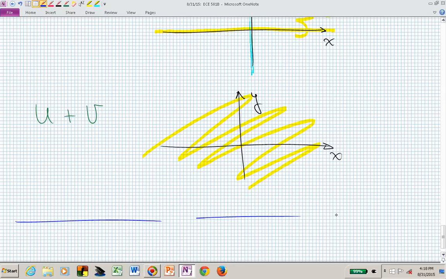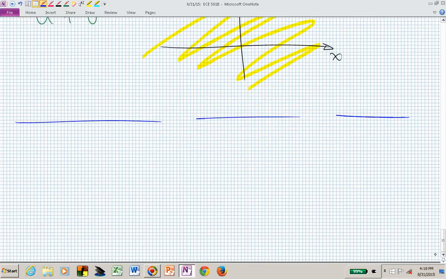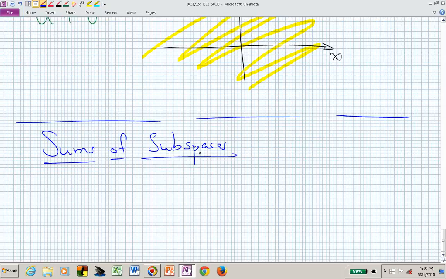If that's understood, let's now start talking about sums of subspaces.